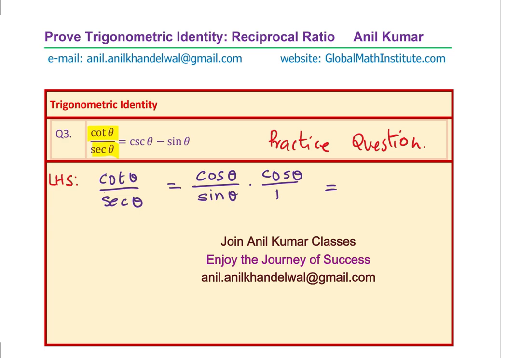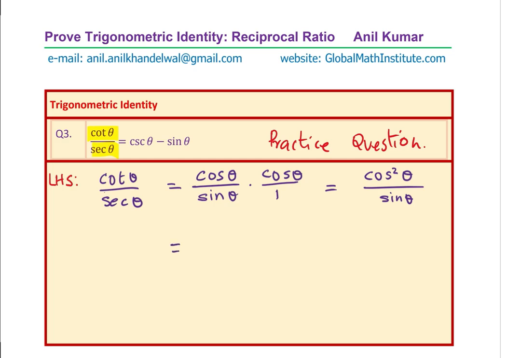Now we can see we have cos square theta in the numerator divided by sine theta in the denominator. You can see that we need a difference here. So that guides you to write cos square theta as 1 minus sine square theta. And we have sine theta in the denominator.